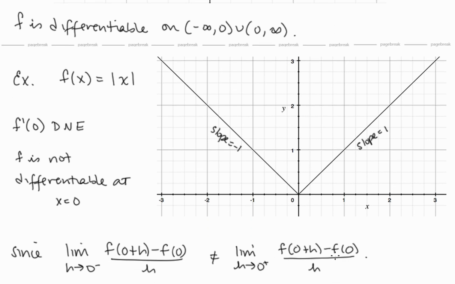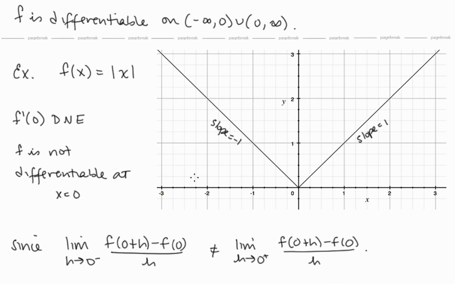Here we have f of x equals absolute value of x. And we note that for all negative x values, the slope of this graph is equal to negative 1, because this is the line y equals negative x. And for all positive x values, the slope of this graph is equal to 1, because this is y equals x. But what happens at x equals 0? At x equals 0, the slope from the left is equal to negative 1.